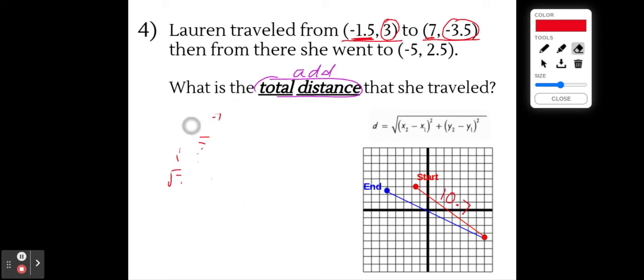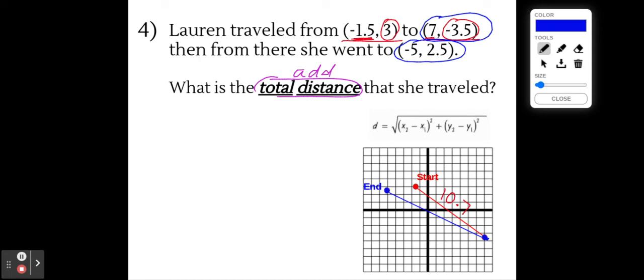And now I'm going to switch my color to blue so that you can see my work in blue, because that's my second step here. That's when I travel from this point to this point. Okay, so I'm going from right here and I'm going all the way to the end, which is right here.